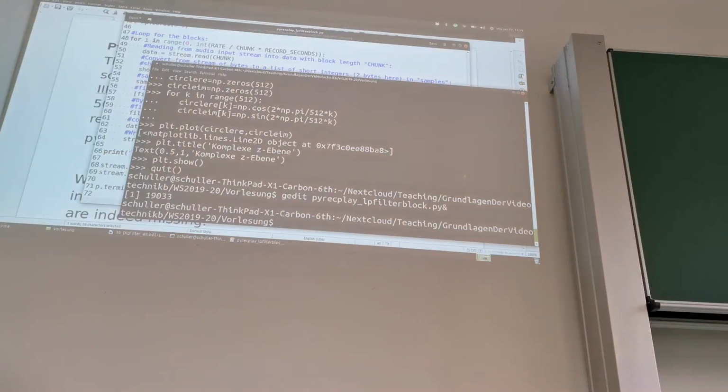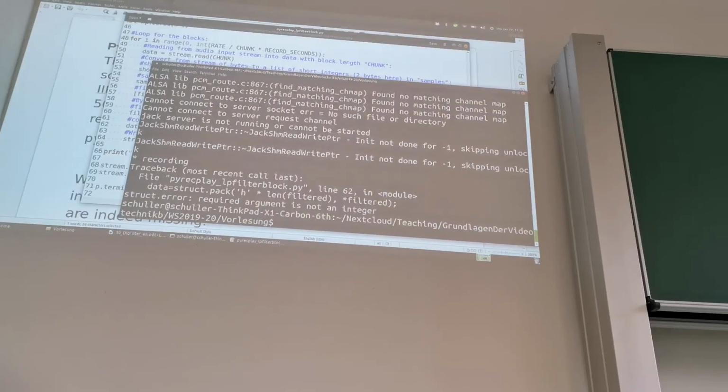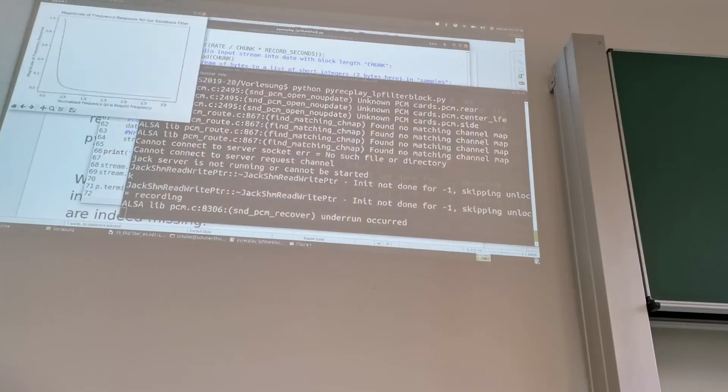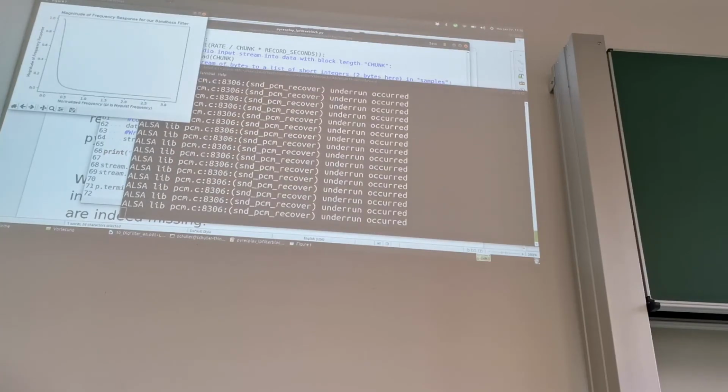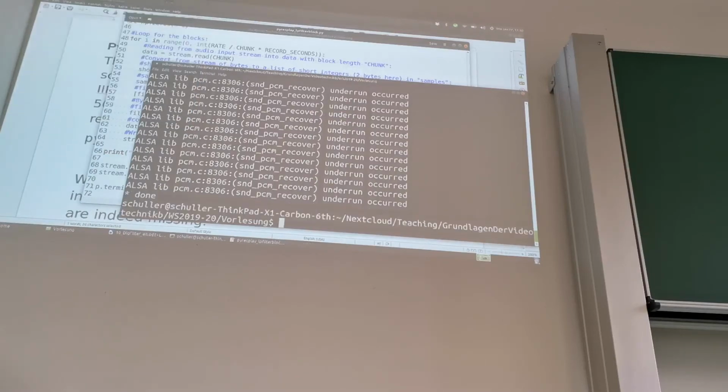And let's see what happens if I let it run. Probably I will get feedback. Test. Can you hear something? Maybe I can quickly attach my speaker.